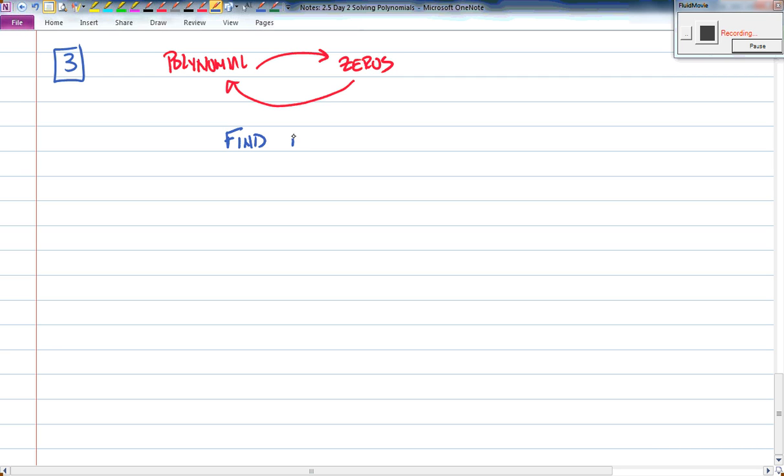Find a third degree polynomial whose zeros are 1 and 2i. So in the grand scheme of things, we've been given the zeros, and we want to generate the polynomial, versus what we've been doing, which is, here's a polynomial, go find the zeros. So how do we set this up?